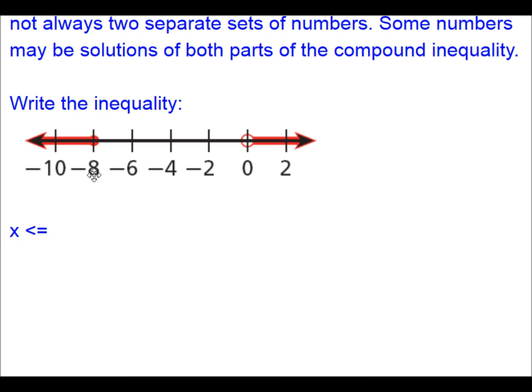So x is less than, because it is moving to the left hand side of the number line. So x is less than or equal to -8, or x is greater than 0, because here there is no dot. So exclusive 0 and greater than 0. So x is either less than or equal to -8 or greater than 0.